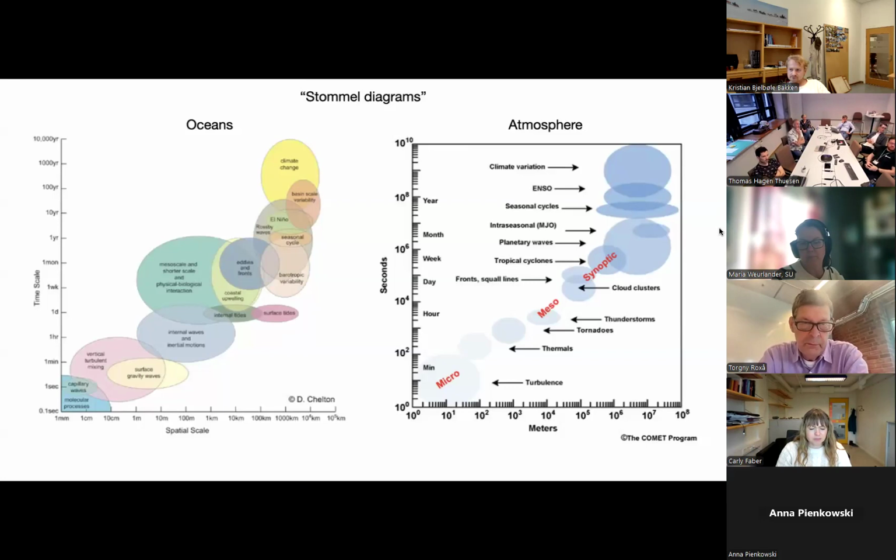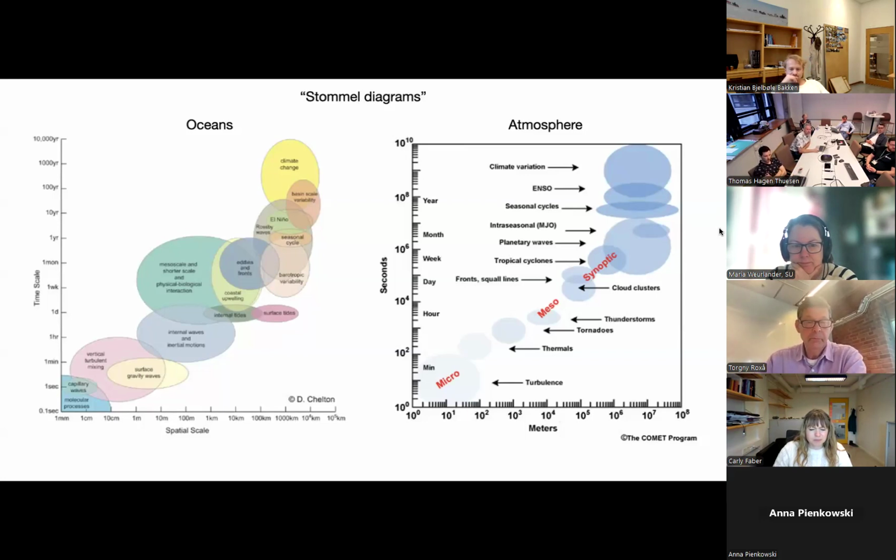So first, just a little reminder. These are known as stommel diagrams in earth sciences. It's a typical way for us to present how we view different processes on different scales and how we think about and do science on different spatial and temporal scales. It's about different kinds of dynamics that interact, and this is a way for us to represent those different scales.